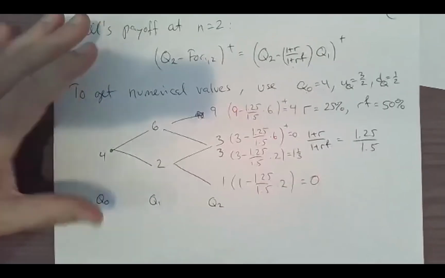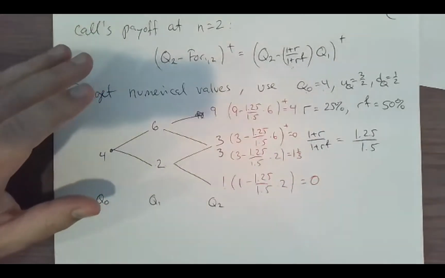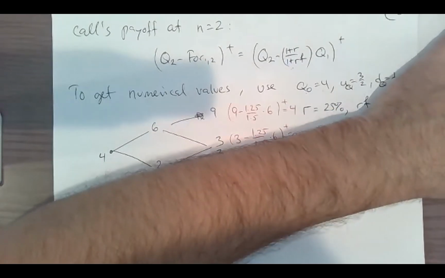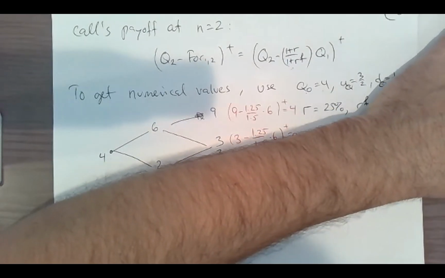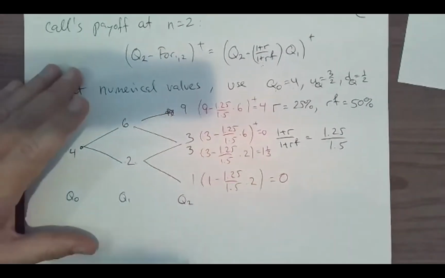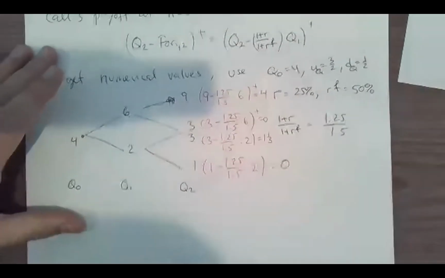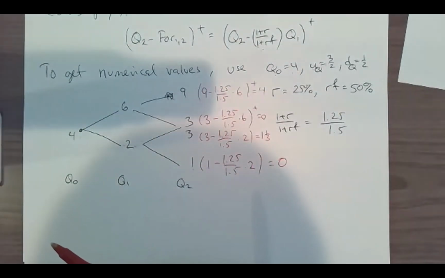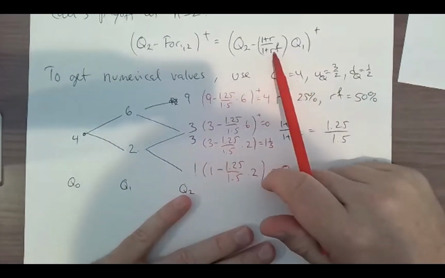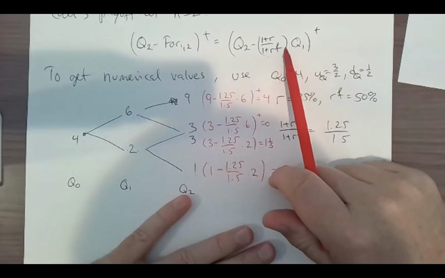Are there any questions on what we did here? So now I have the payoff. Yep, go ahead. Y Q1 should be divided by 1 add RF. Can you say that one more time? Y Q1 should be divided by 1 add RF.